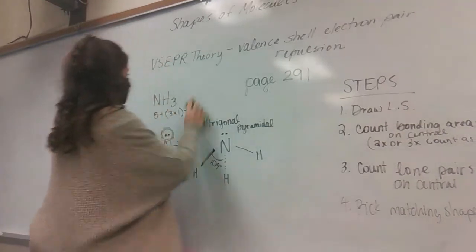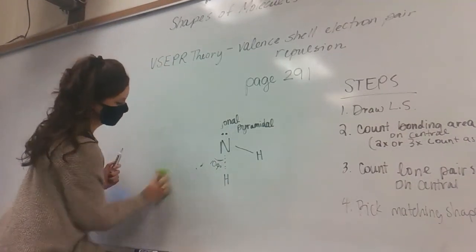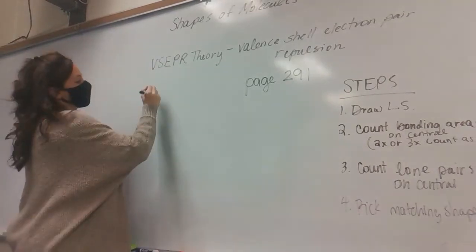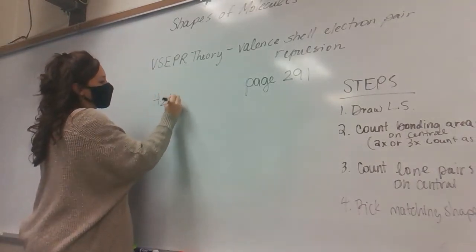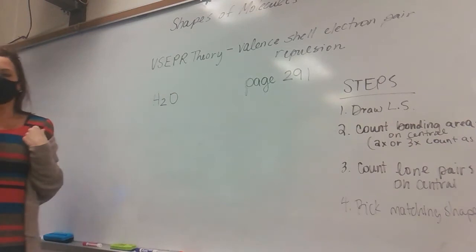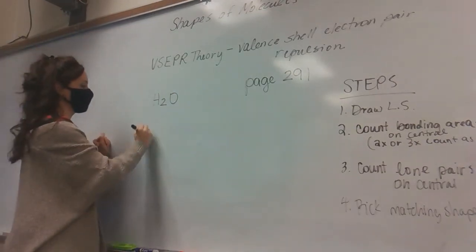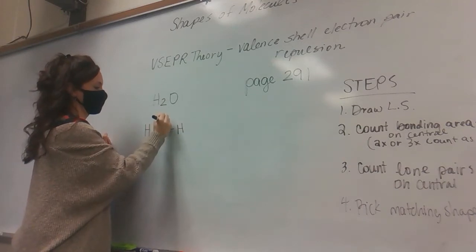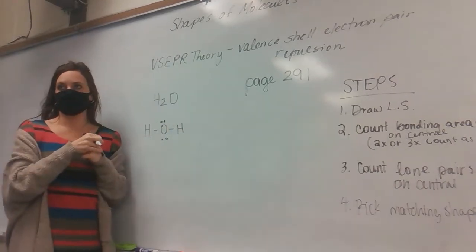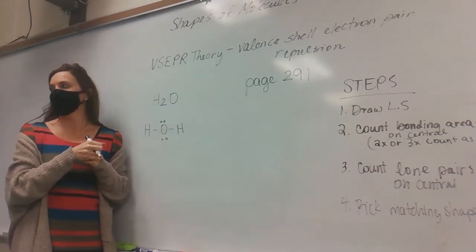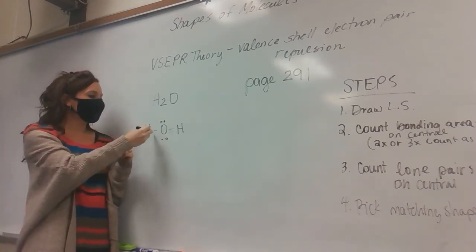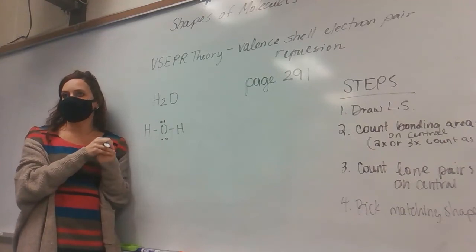Let's do another one. The other day we drew water. That was the very first Lewis structure we drew. And we drew it like this. And if we look at it like this, we would say that those hydrogens are 180 degrees apart.